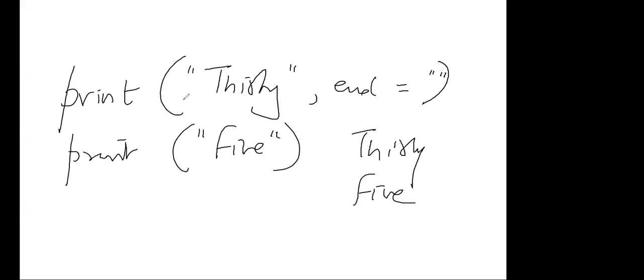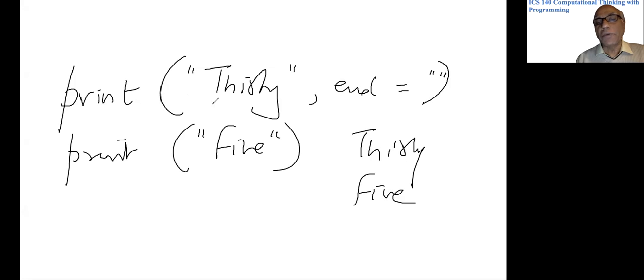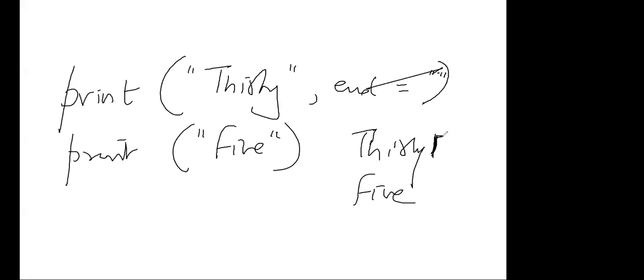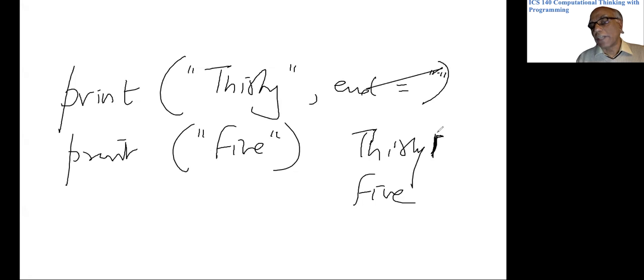If you print like this, it will print 30, then it will not skip to the next line. Instead, it will print whatever is written here. So if you put the 2 double quotes one after the other, it is empty. So it will print nothing here, okay? And then if you print 5, the 5 will come right next to 30.